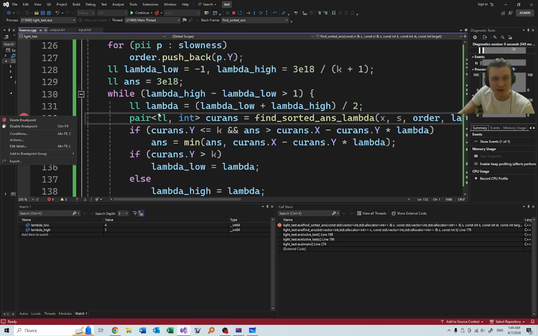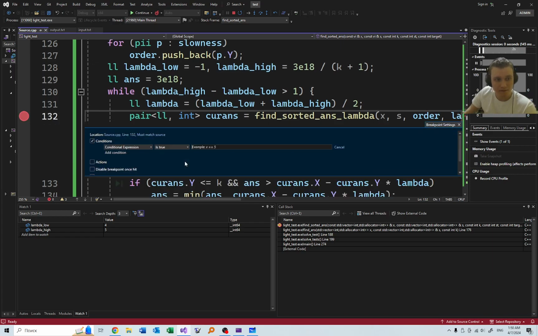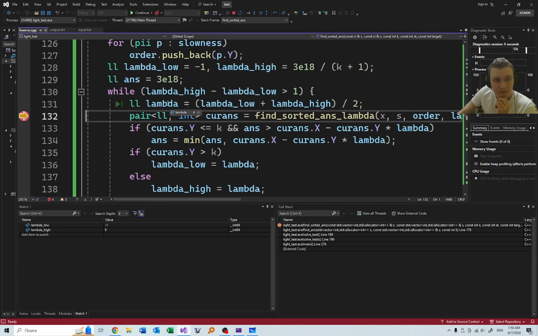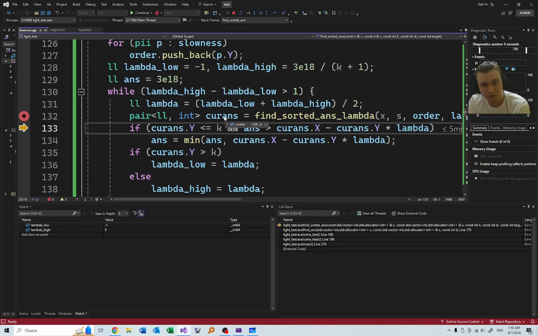Okay, let's look at the case lambda equals 4. Okay, currently 168 and 2. So it's better to go to the right and then to the left.